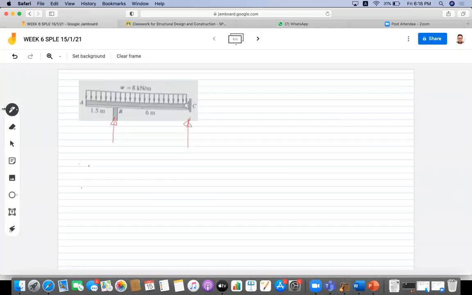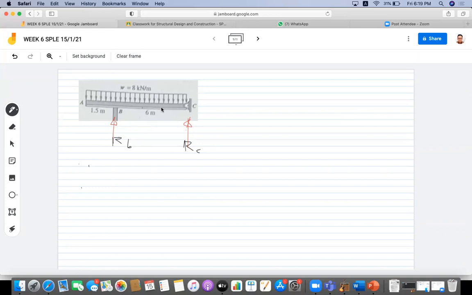As you can see here, first we compute the reaction at C. And then you have here also RB.